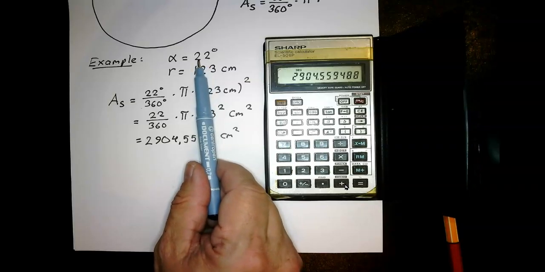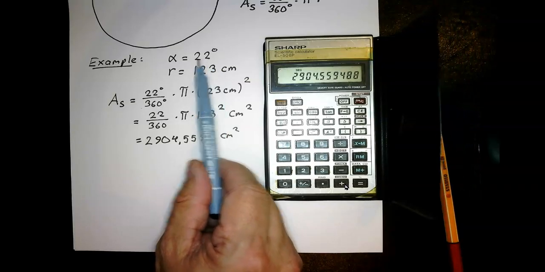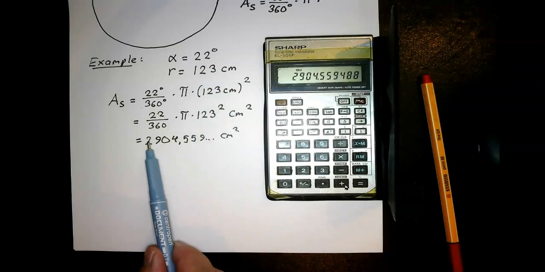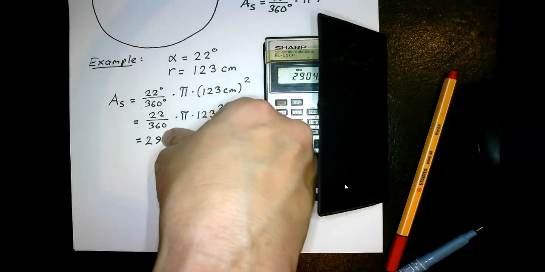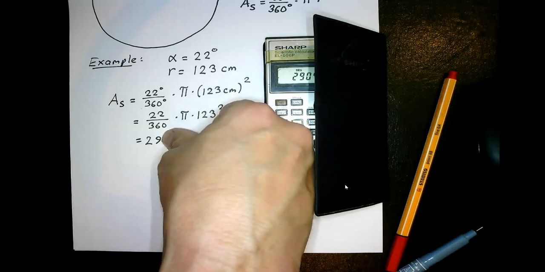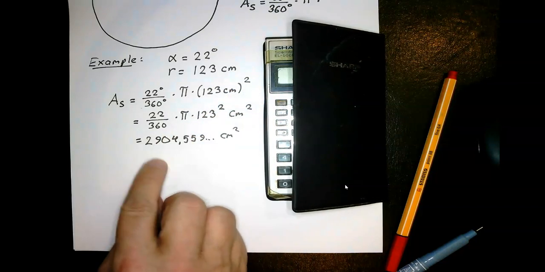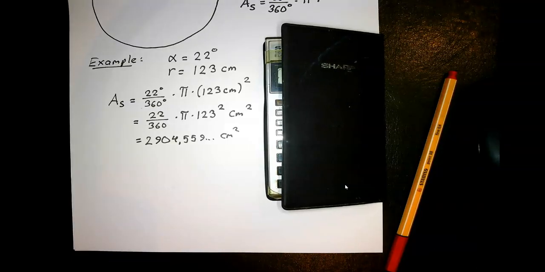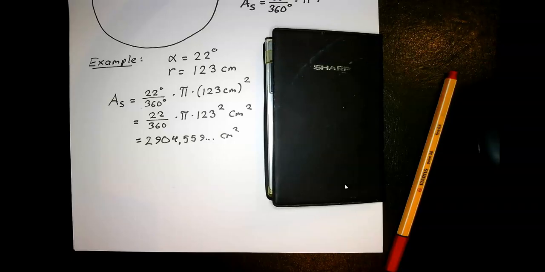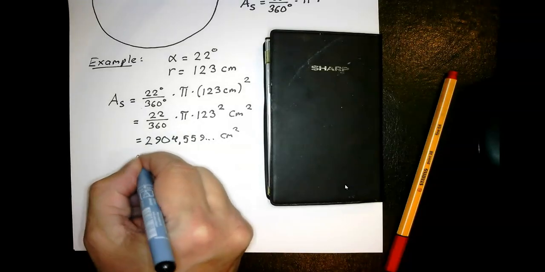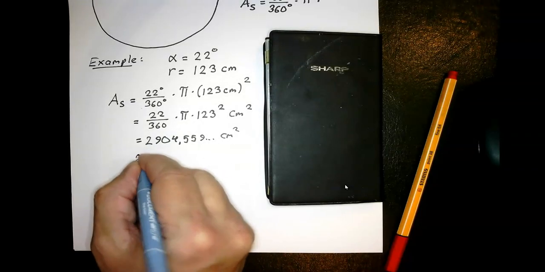This angle here, there are only two numbers, so the result should be rounded to two numbers, and those numbers are shown here. And because the answer is about 2,900 square centimeters, it would be rounded to that.